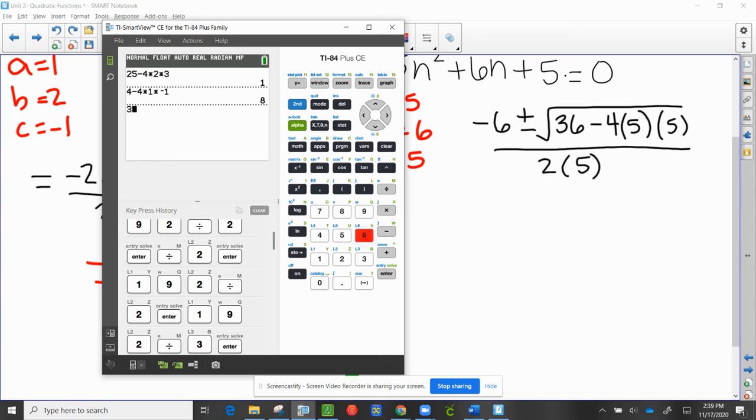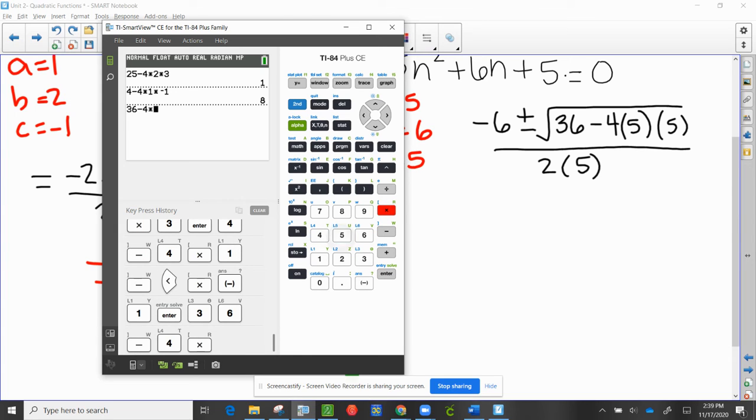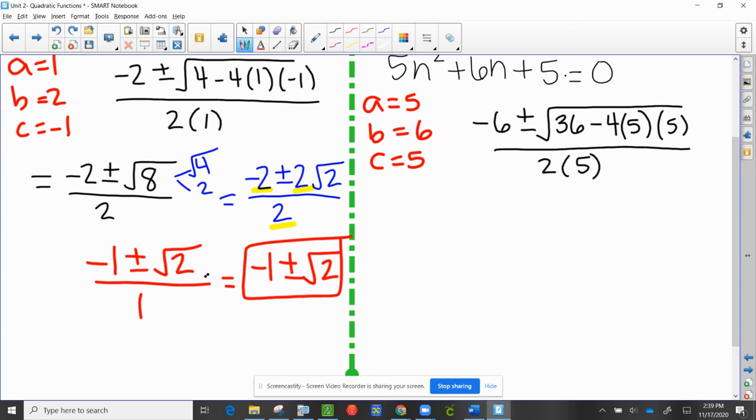Plug that in. So we have 36 minus 4 times 5 times 5. Okay, so I got -64. So it's -6 plus or minus the square root of -64, all over 2 times 5 is 10.